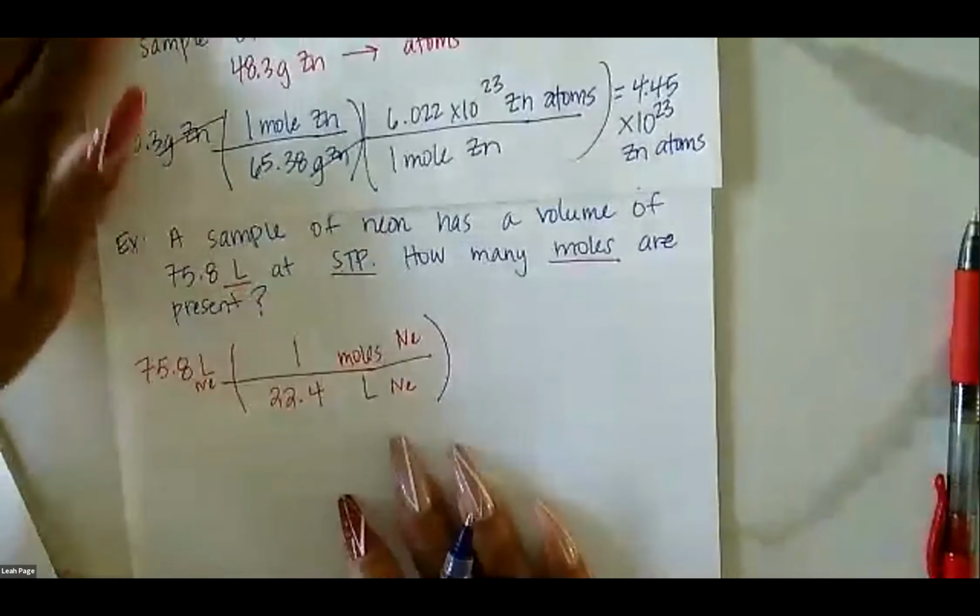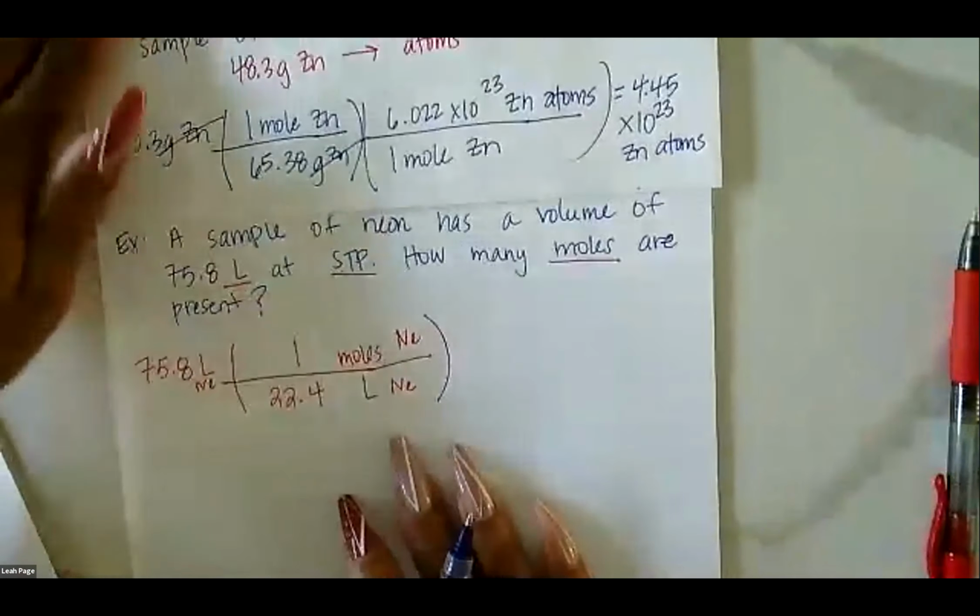So don't get confused if you see something like a millimole, or if you see something like a kilomole. All it's saying is you need to convert it to moles first before we get there.